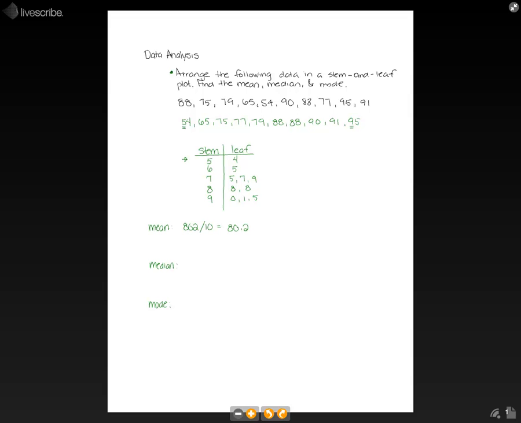The median is looking for the middlemost number. And there's two different types of medians. If you have an odd number of numbers, then the median is just going to be the number in the center. If you have an even number of numbers like we have here, you're going to average the two center numbers. And we can find the center number by starting at the smallest stem's smallest ones number and the largest stem's largest ones number.